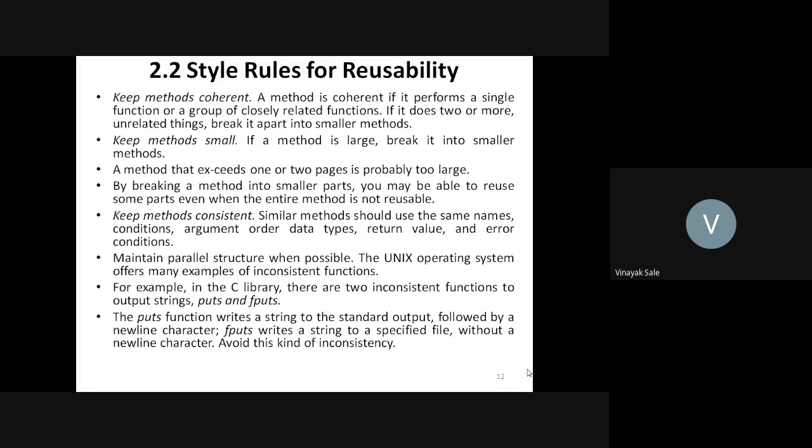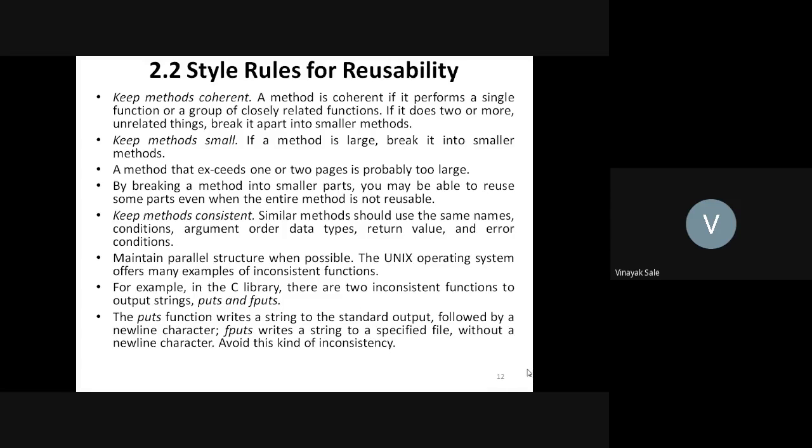By breaking a method into smaller parts, you may be able to reuse some parts even when the entire method is not reusable. Third, keep methods consistent. Similar methods should use the same names, conditions, argument order, data types, return values, and error conditions.